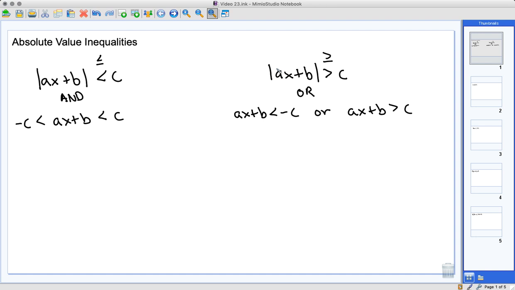Basically, leave what's in the absolute values alone. We're going to flip the sign, make the c negative, or we're just going to take away the absolute value signs and create our or problem. Make sure we've got these things written down in our notes, because that will be helpful when we get to actually solving these problems.